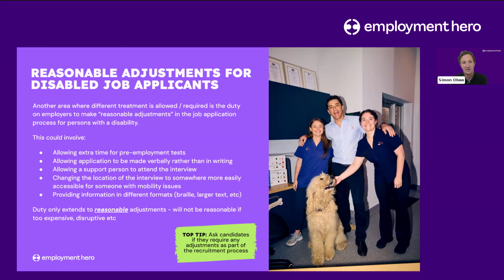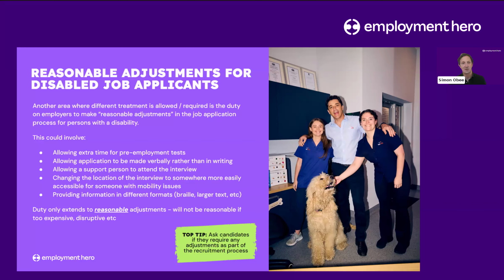That could involve things like allowing extra time for any pre-employment tests, allowing an application to be made verbally rather than in writing, allowing a support person to attend the interview with them, or changing the location of the interview to somewhere more easily accessible for someone with mobility issues. It could also be providing information in different formats, in Braille, in larger text, etc. And there will be a myriad more adjustments that can be made.